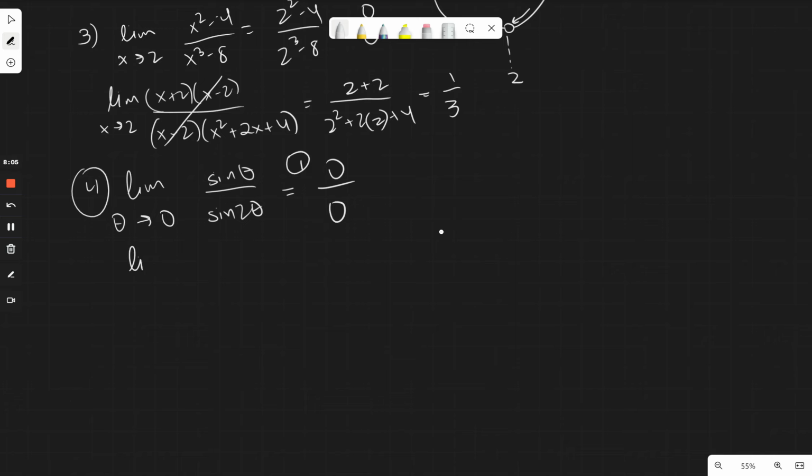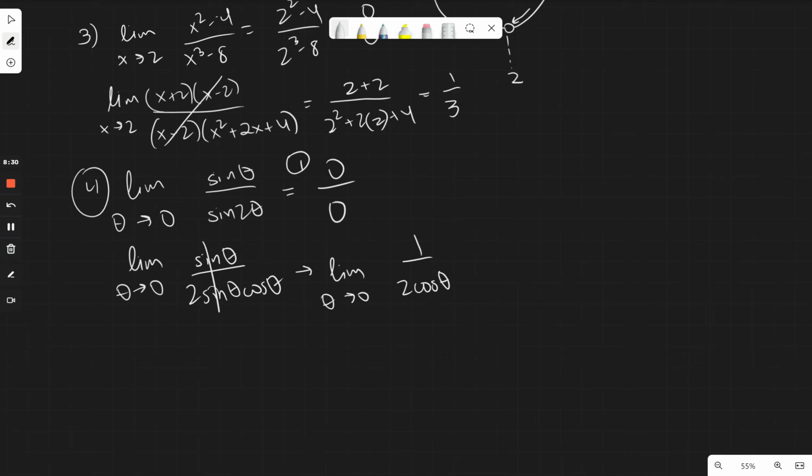So we can turn this into limit as theta approaches 0 of sine of theta divided by 2 sine theta cosine theta. Wow, the sine on the top and bottom cancels out, and we're left with the limit as theta approaches 0 of 1 over 2 cosine theta. Cosine of 0, because now we can use direct substitution, is just 1. So this is 1 over 2 times 1, which is just 1/2. And that would be the answer to this limit.